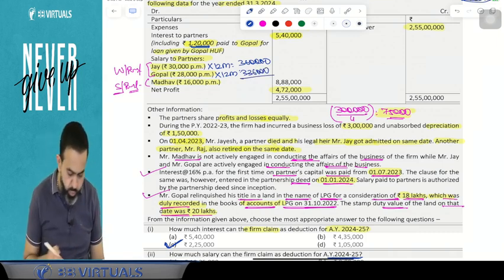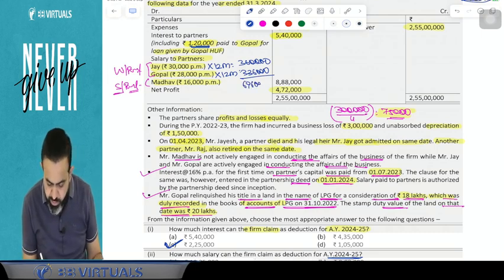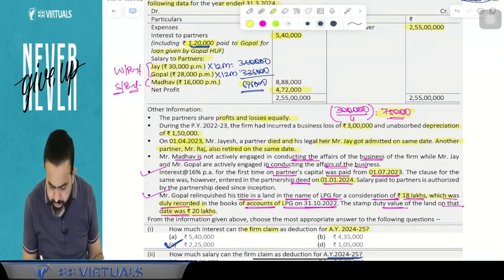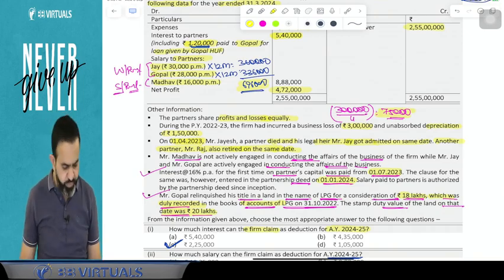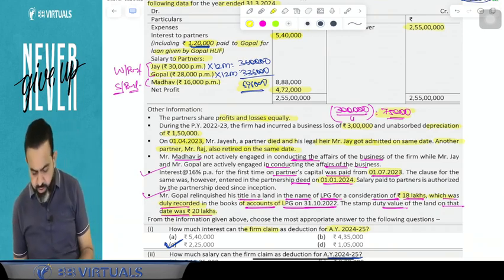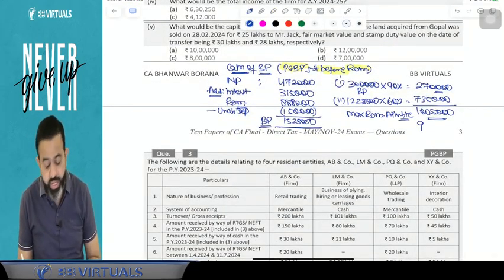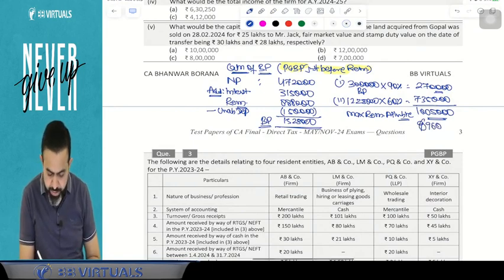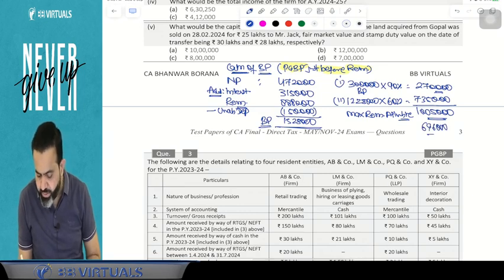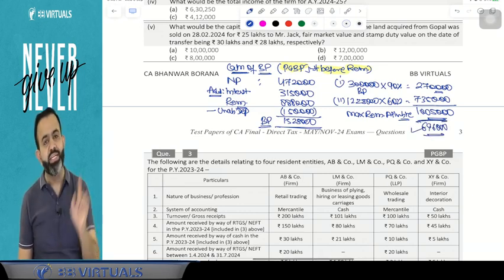Total comes to 6,96,000. 6,96,000 is the remuneration going to be allowed, and the maximum is your 10,05,000. So 6,96,000 is the remuneration that you can claim in the current year.